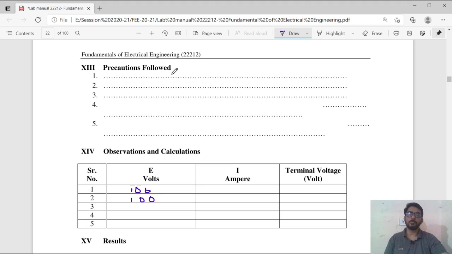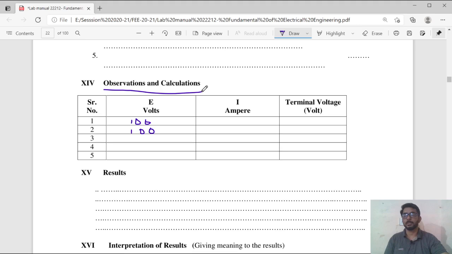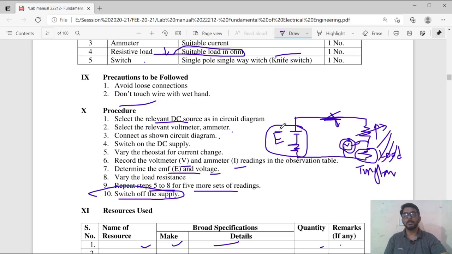Now let us come to the observation and calculation. First of all, let us check the circuit diagram. Let us assume this voltage is up to 100 volt DC, this load is the tungsten filament lamp, and the rheostat is connected here.